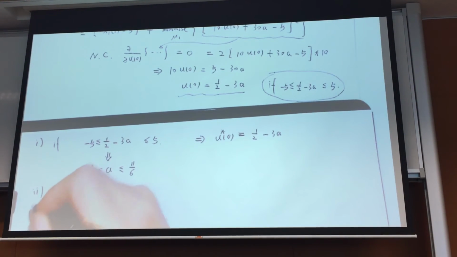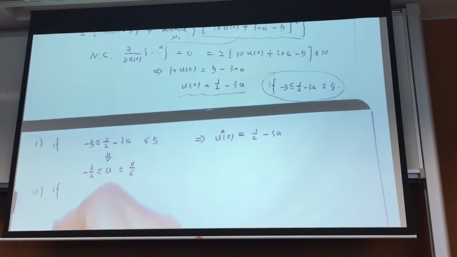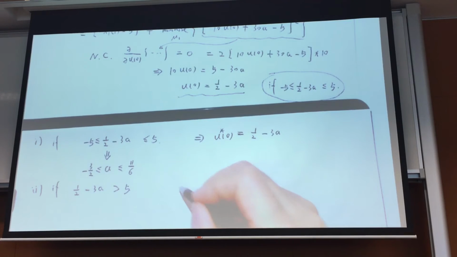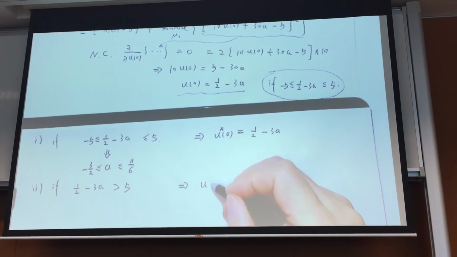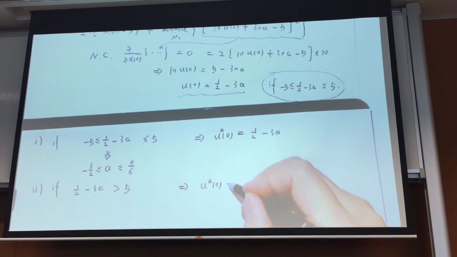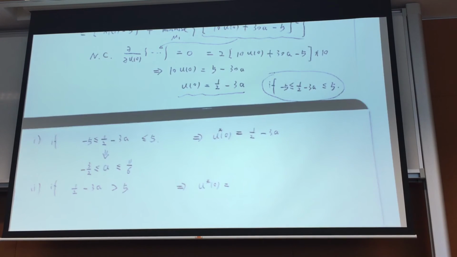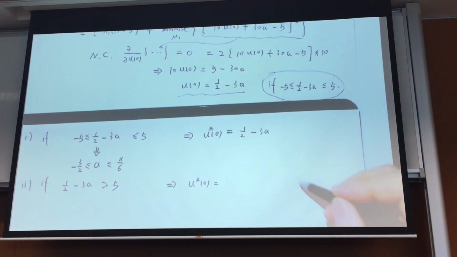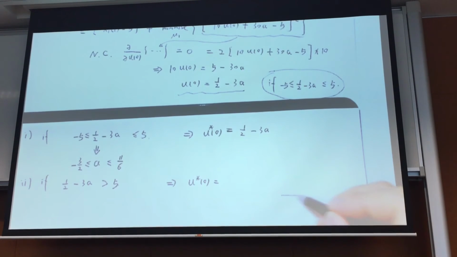So the second situation is if a half minus 3a is greater than 5. In this case, this u0 star will be, remember our plot.